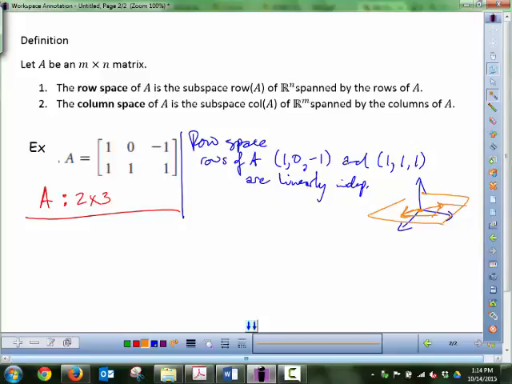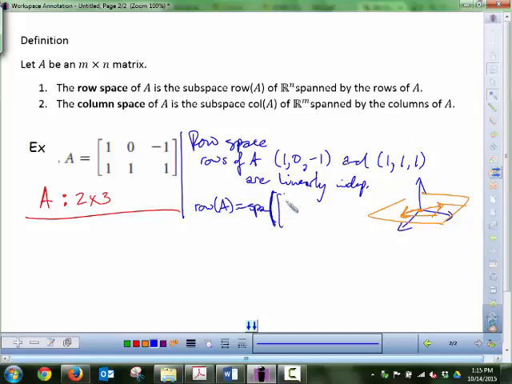So more formally, that's how we denote this subspace: the row space of A is equal to the span. Do you use curly braces or parentheses for span? It doesn't really matter. I'm going to use parentheses.